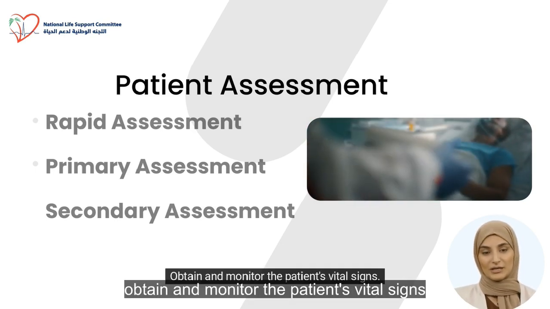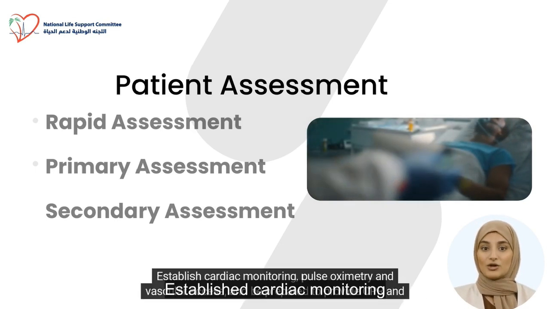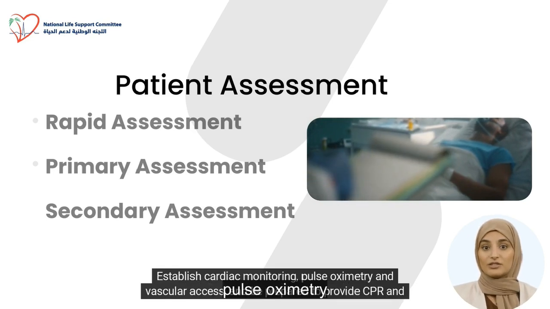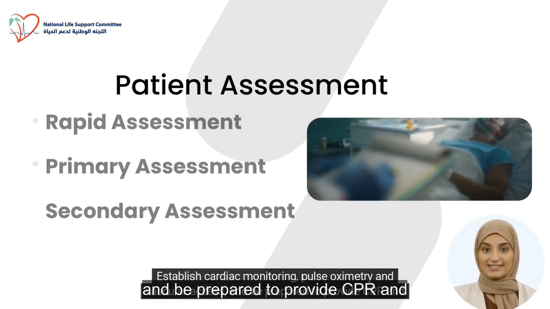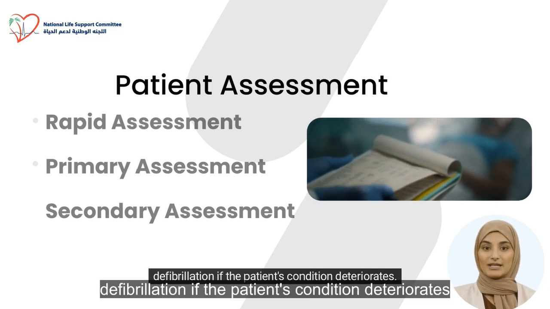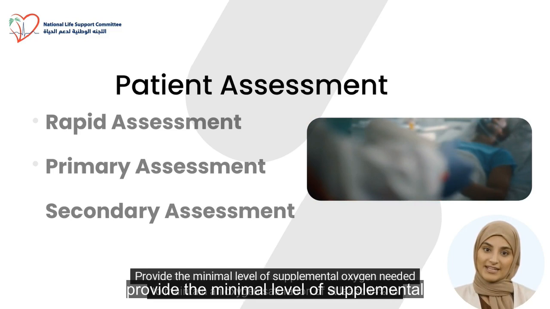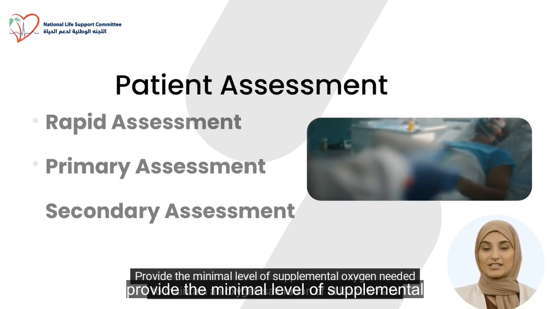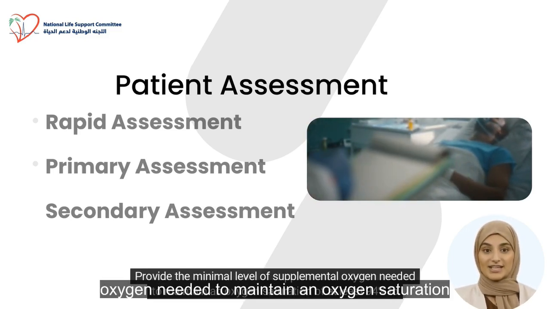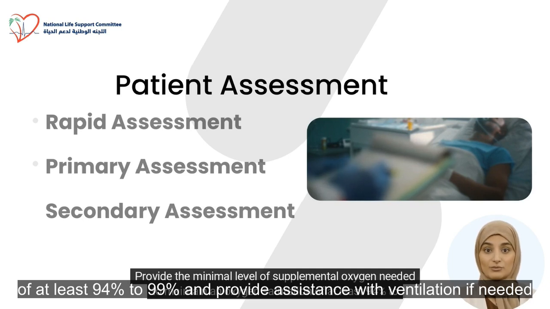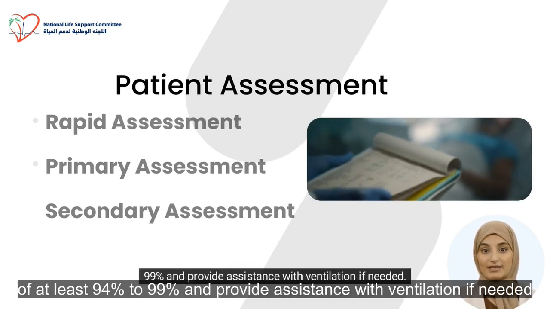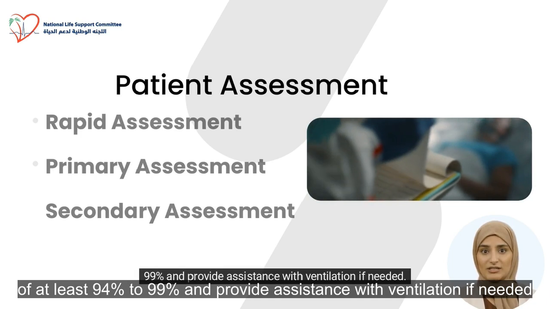Obtain and monitor the patient's vital signs. Establish cardiac monitoring, pulse oximetry, and vascular access, and be prepared to provide CPR and defibrillation if the patient's condition deteriorates. Provide the minimal level of supplemental oxygen needed to maintain an oxygen saturation of at least 94% to 99%, and provide assistance with ventilation if needed.